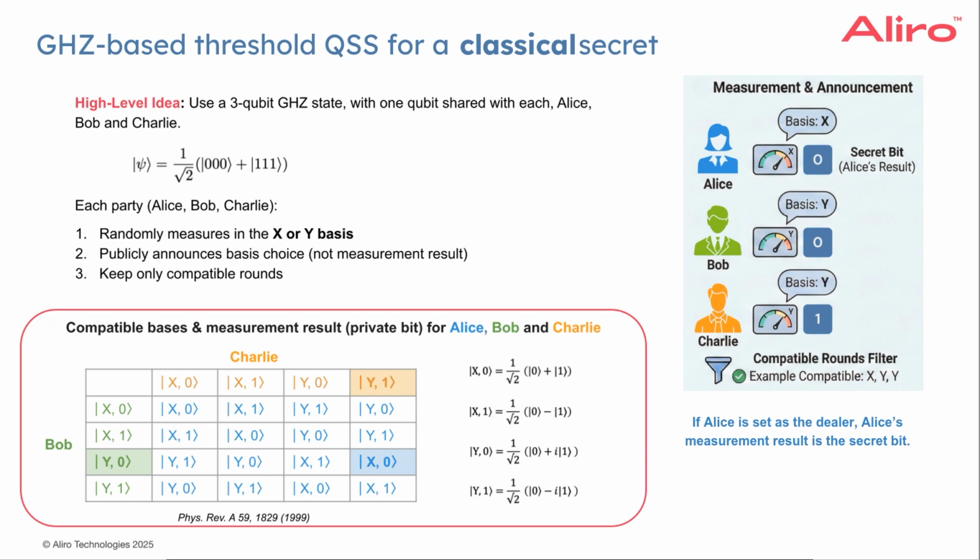So if Alice measures in Y basis in this case, that particular round of sharing is marked as unsuccessful. However, if the basis choices result in correlated results, then they call that a successful attempt.